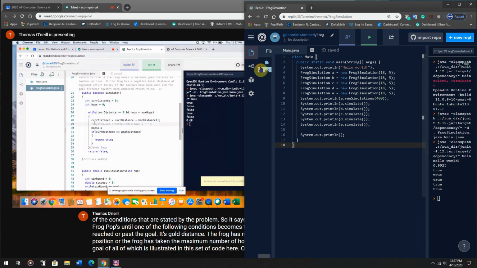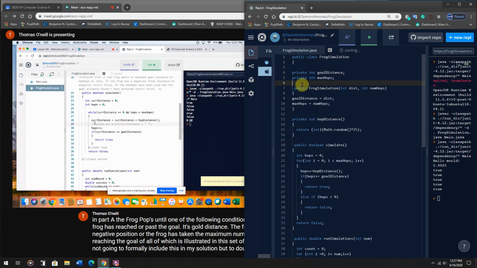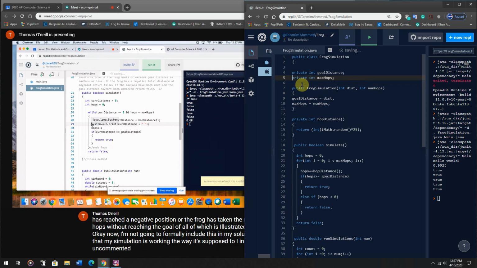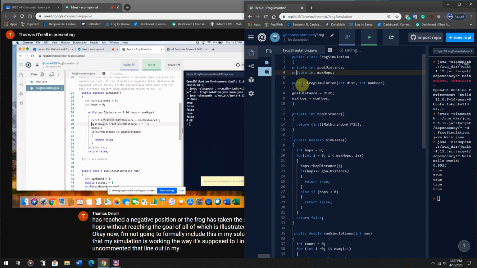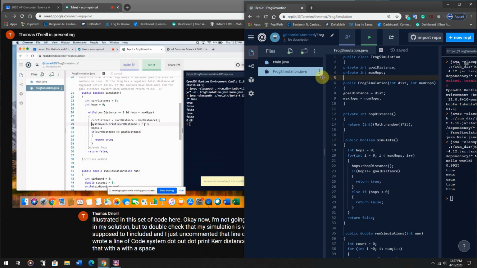Now, I'm not going to formally include this in my solution, but to double check that my simulation is working the way it's supposed to, I just uncommented a line in my while loop. I wrote a line of code, System.out.print cur distance, and then concatenated that with a space.